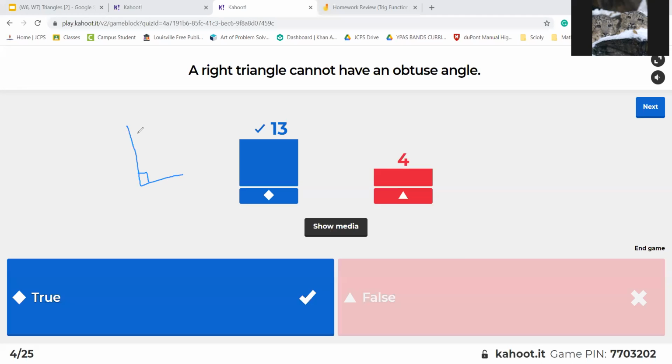Is an angle that's 1 degree in a triangle possible? Yeah, sure, why not? But then the other angle would have to be 89 degrees in order for it to be a right triangle. Anyway, if you just think about it, it doesn't make sense that there can be both a right angle and an obtuse angle.